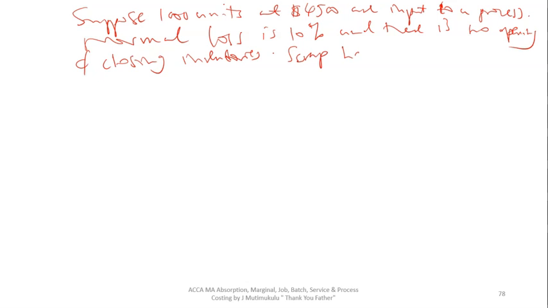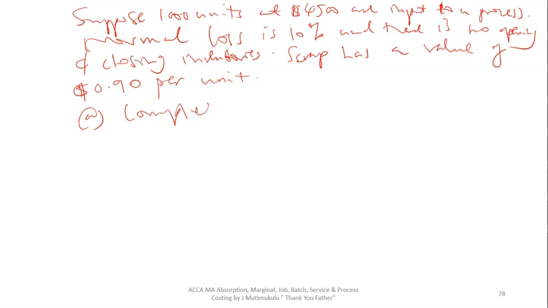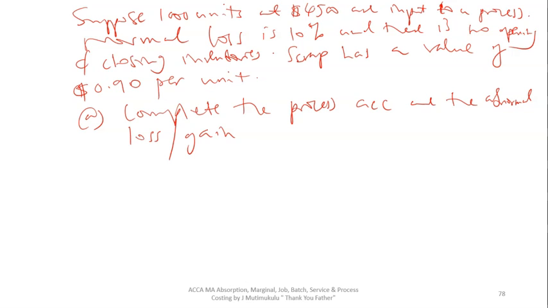The scrap has a value of 0.9 per unit. Complete the process account and the abnormal loss or gain account if actual output is 860 units.